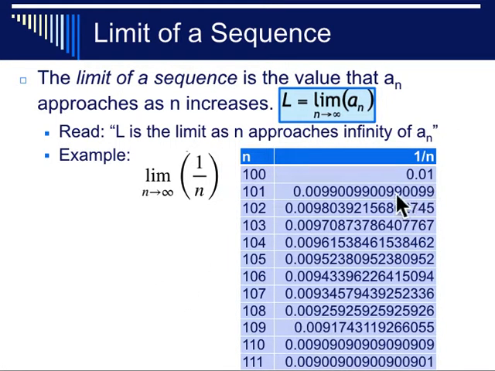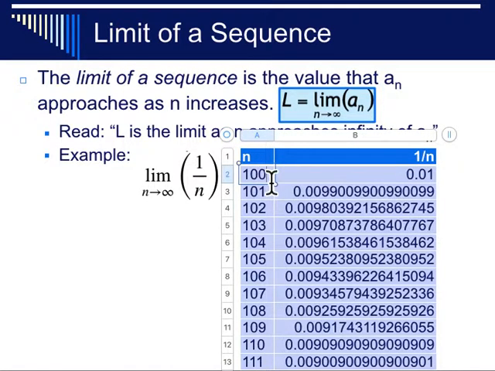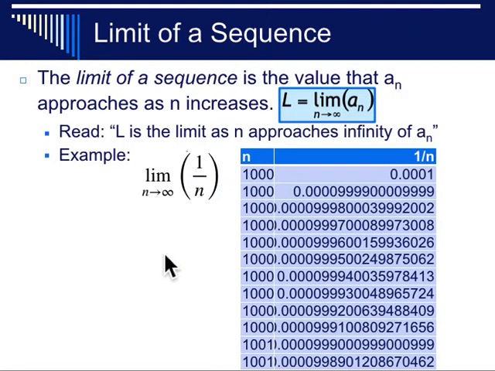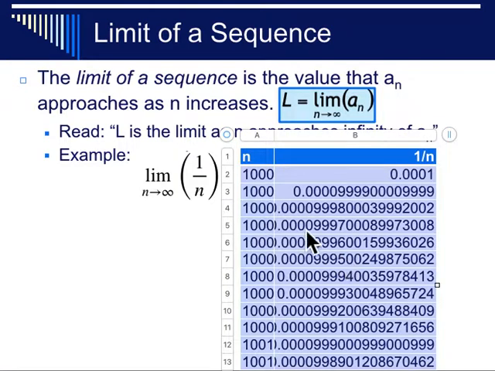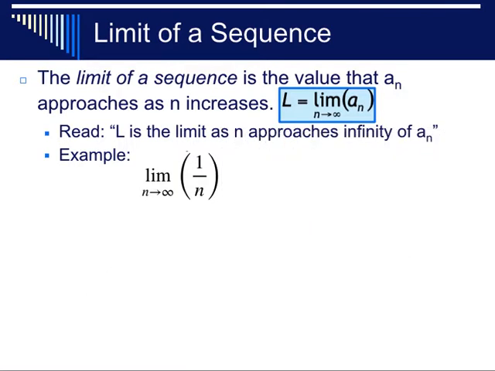So now we're getting really small numbers. What if we jump to, say, 10,000? Okay, now these numbers are getting smaller yet. And so as n gets bigger and bigger, this expression, 1 over n, seems to be getting closer and closer to 0. We say its limit is 0.